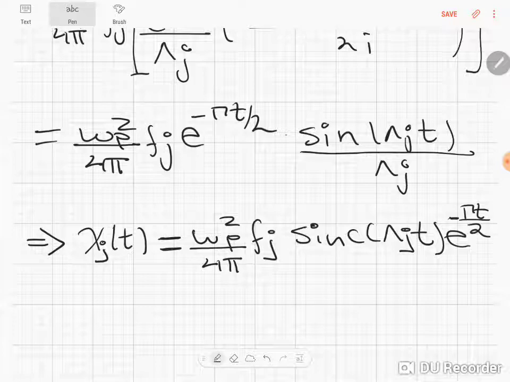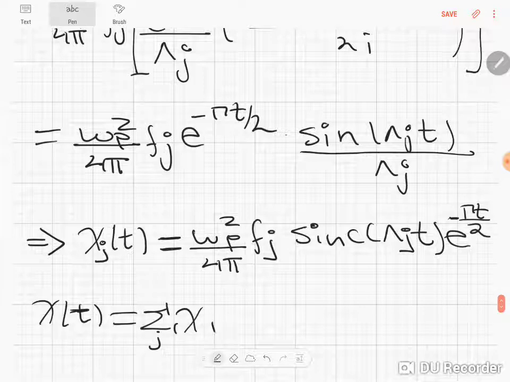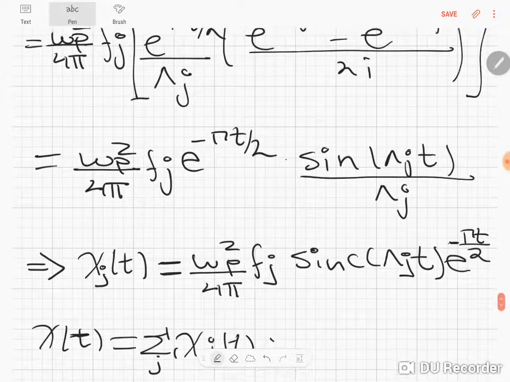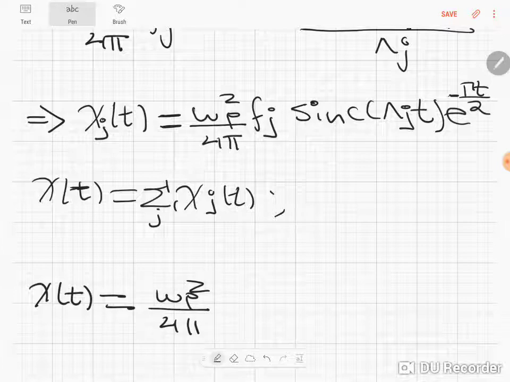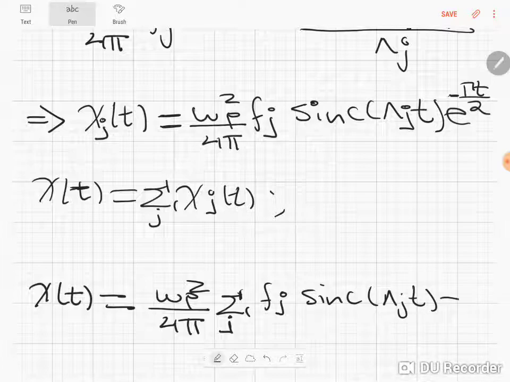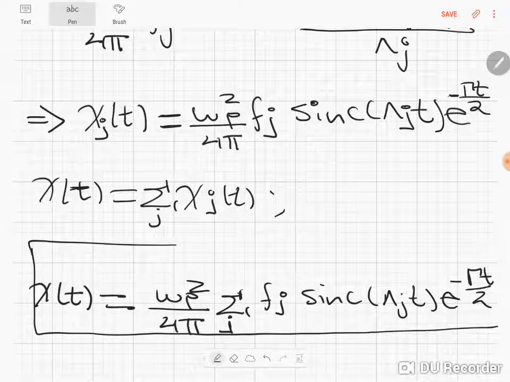And because of the superposition principle, or the principle of linearity, we can say that chi of t is equal to the summation over j of all chi_j, which means that chi of t is nothing but omega_p squared divided by 4 pi, summation over j of f_j sinc of lambda_j t e to the minus gamma t divided by 2. This is the susceptibility as a function of time.